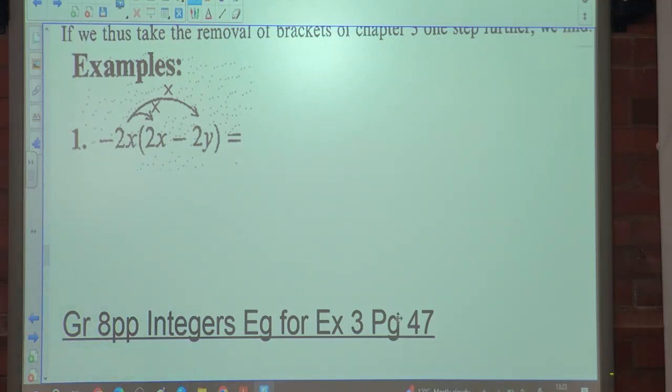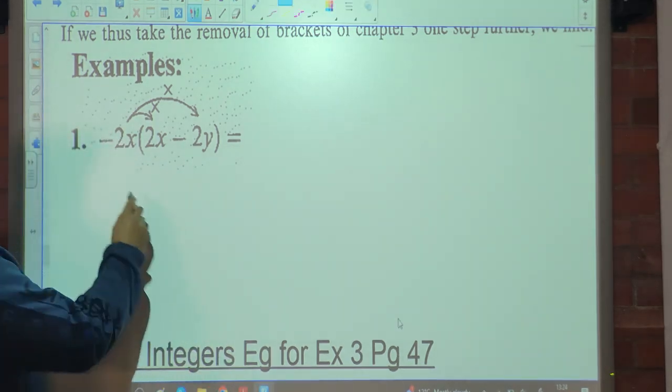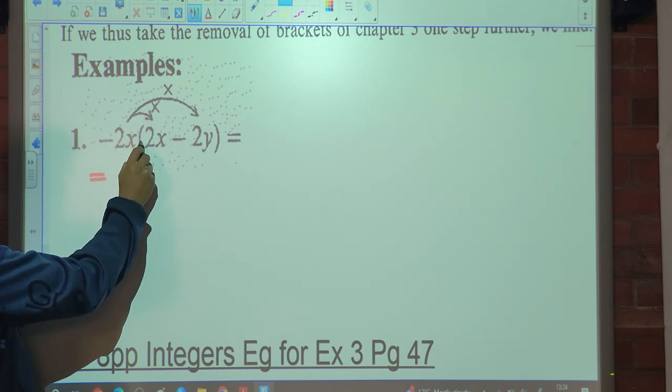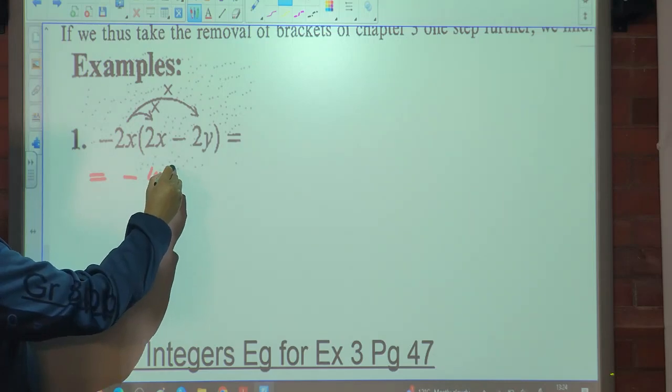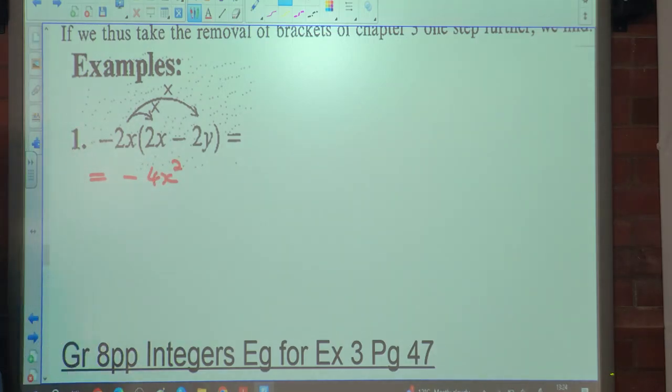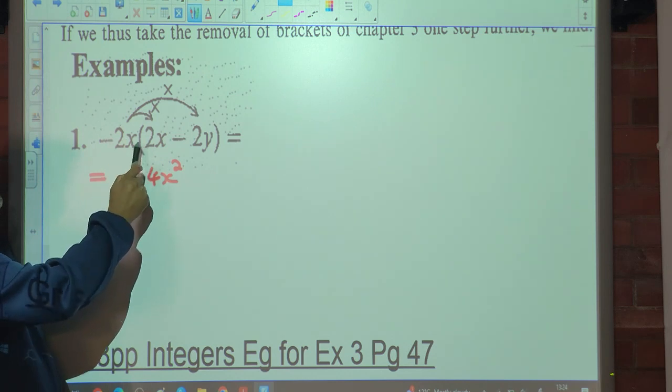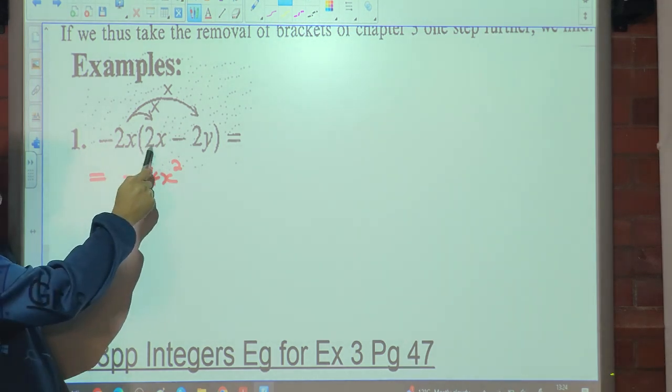Write it down. You got negative 2x into 2x minus 2y. So if the question says simplify, what must we do? We multiply the bracket out, not so. So what is negative 2x times 2x? Negative 4x squared. You all agree with that? Negative times a positive is a negative. 2 times 2 is 4.